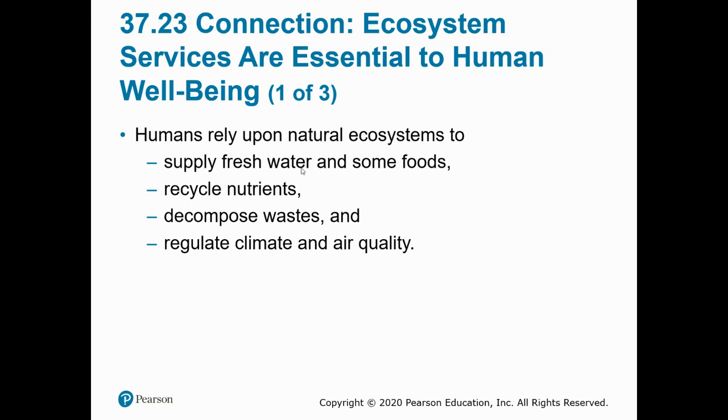So, essential for our well being, fresh water and some foods. Nutrients are recycled in ecosystems. Ecosystems need to decompose our waste for us and regulate climate and air quality. And so it's not that we don't have water, it's that we don't have fresh water.